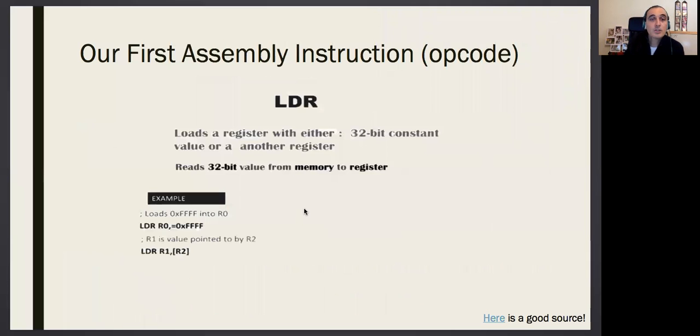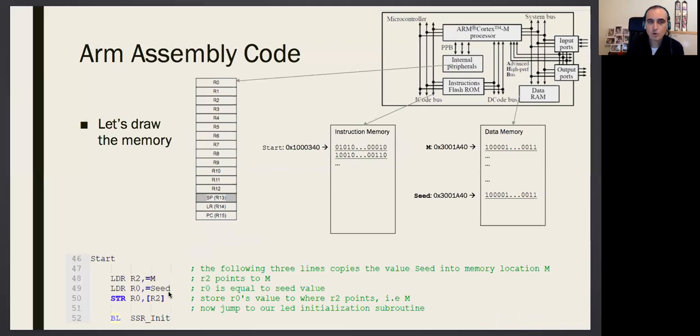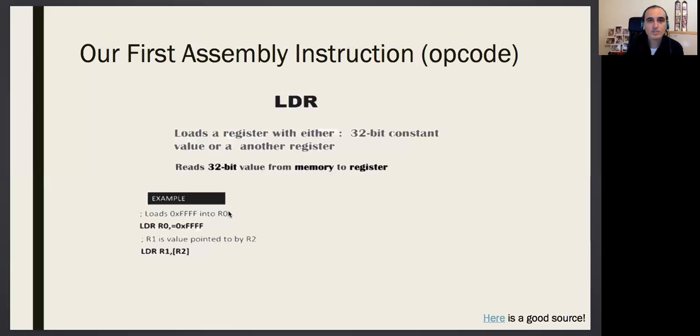Okay, guys. Let's start with the assembly instructions, and let's learn what these instructions are. After we go one by one through these instructions, these lines of code will make more sense to you. Load register. It loads a register with a 32-bit value, depending on how you use it.